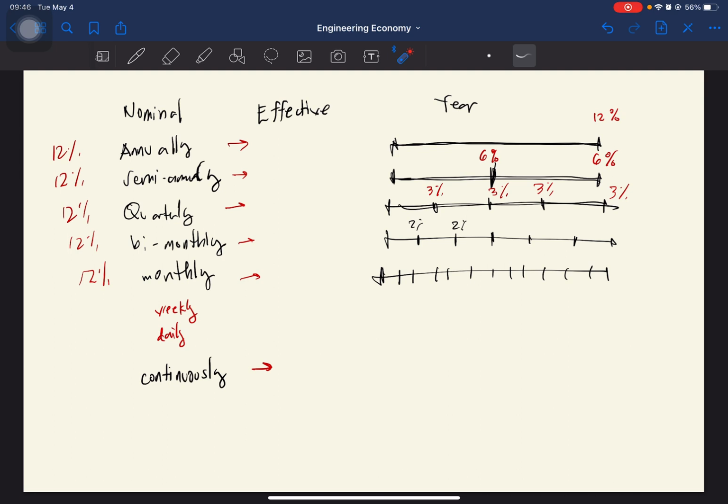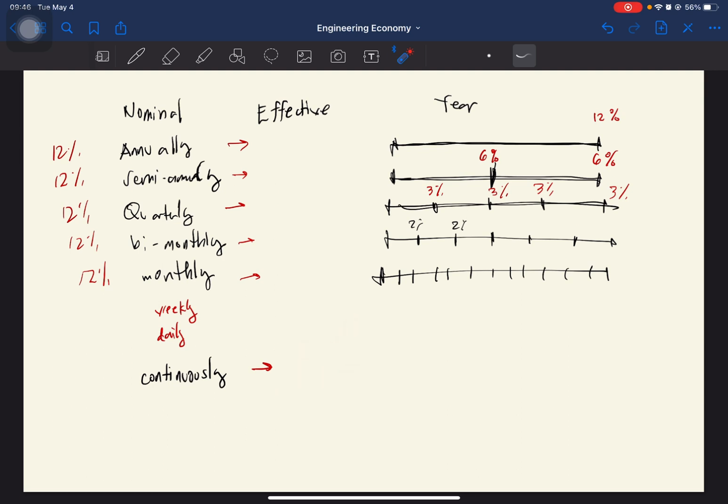That's compound interest: the earnings also earn. So the more periods you have for earnings, the bigger the earnings you gain. And we expect that among all these nominal interest rates, the one compounded continuously has the largest effective interest rate. And that's a fact.